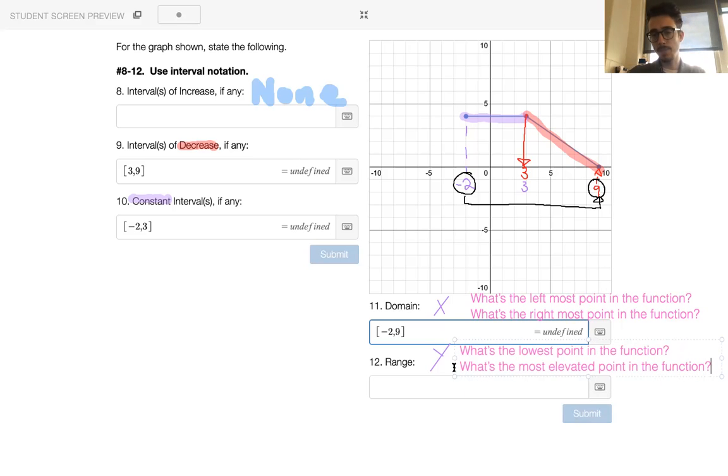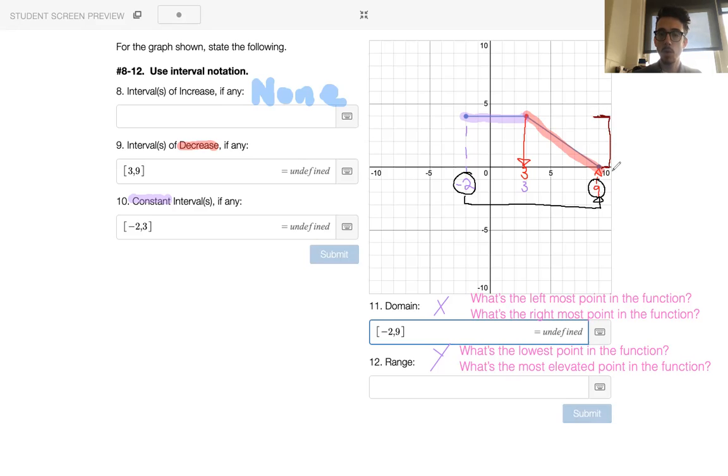And hopefully it's a continuous line and there's no breaks, because it gets a little hairy there when you're talking about those domain and ranges. So I'm going to talk about this in maroon. I see that the lowest y value occurs here at this point, this 9, 0. And I know that the function keeps rising up to the highest elevated point, which is up here.